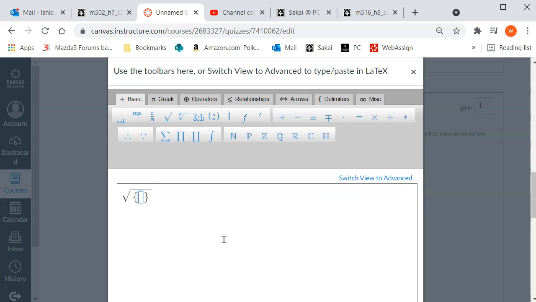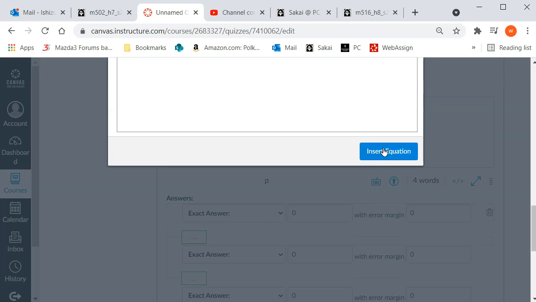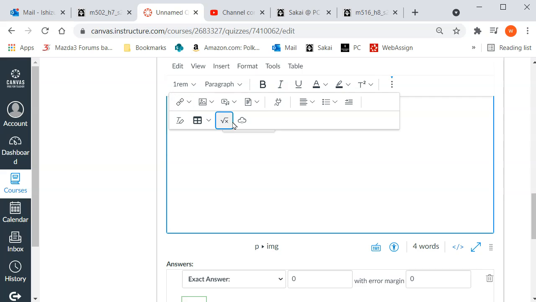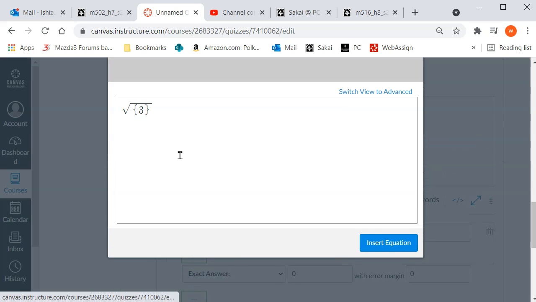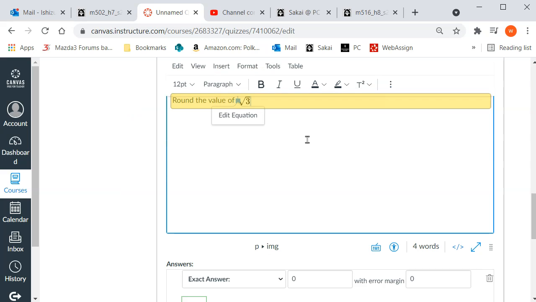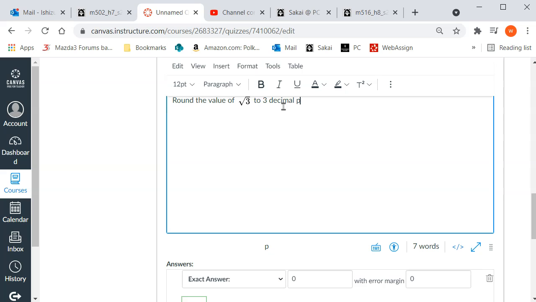Square root of 3. Actually, would that work? Insert. Oh, it didn't work. I have to go back and change that. I don't need this, so I just put 3 there. Insert. Say 3 decimal places or something like that.